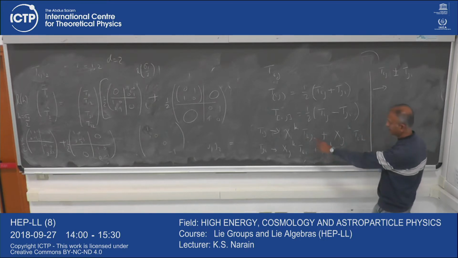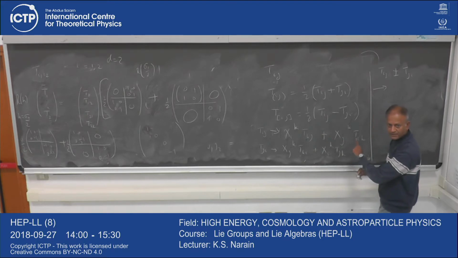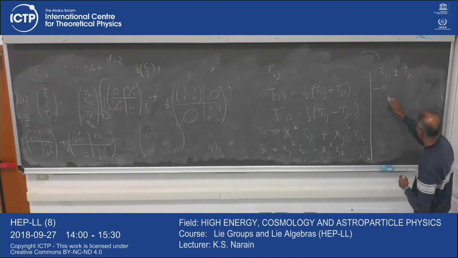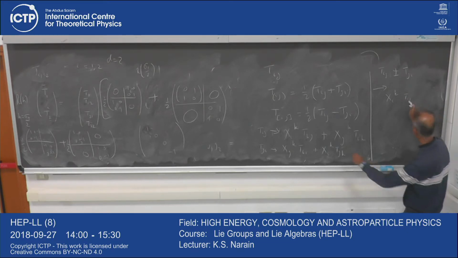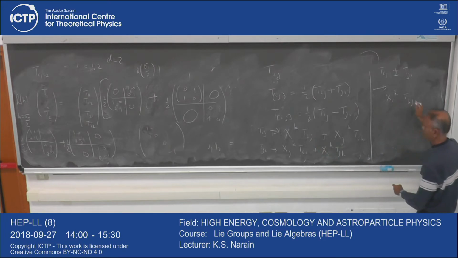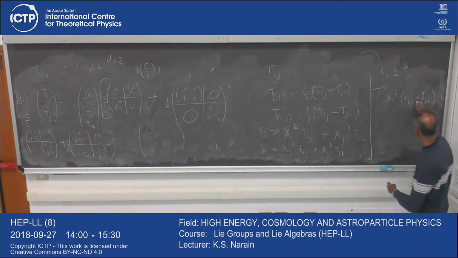And then in that, let's collect the xik term and xjk term separately. So if I take the xik term, this goes to tkj plus tjk, I mean this term plus or minus.